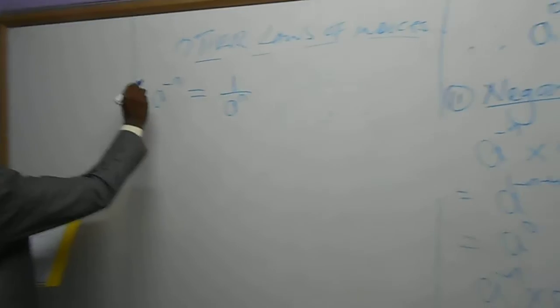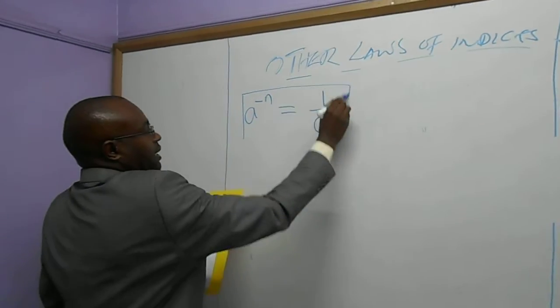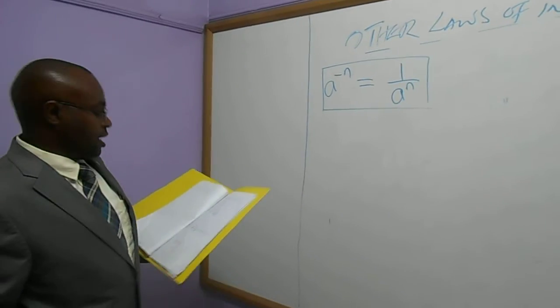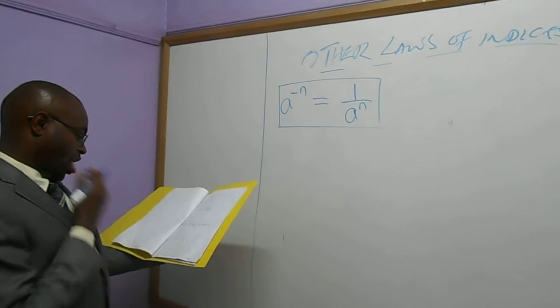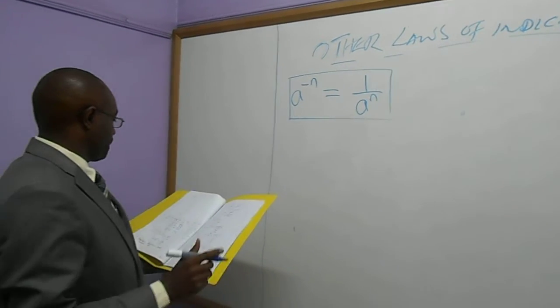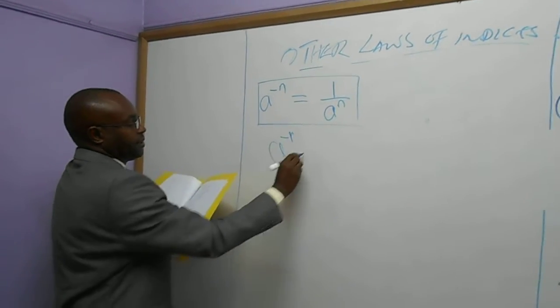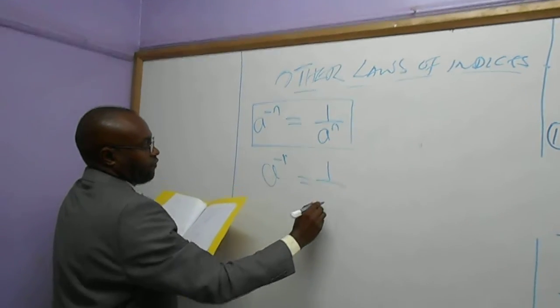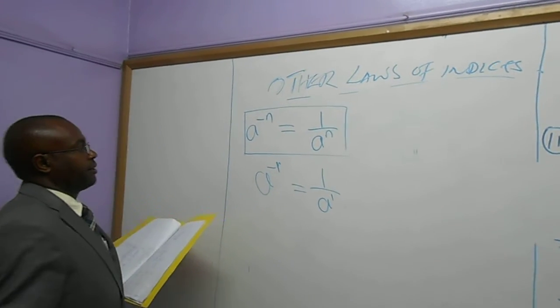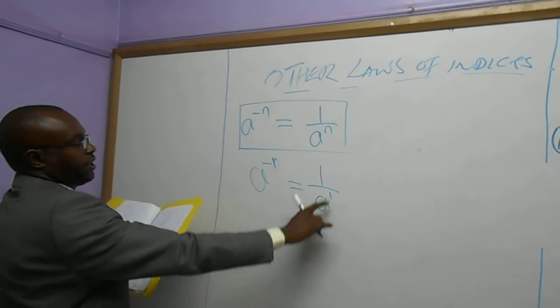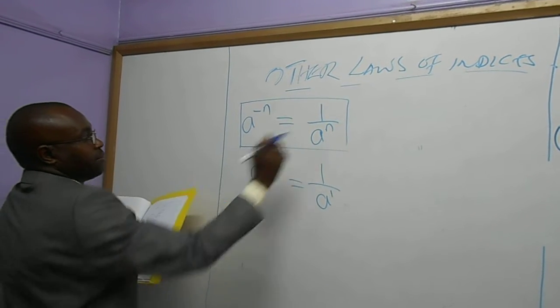And this is going to be very essential in handling negative indices. So what does this mean? If I have a raised to negative 1, it is the same as 1 over a to the power 1, because I'm using this formula.